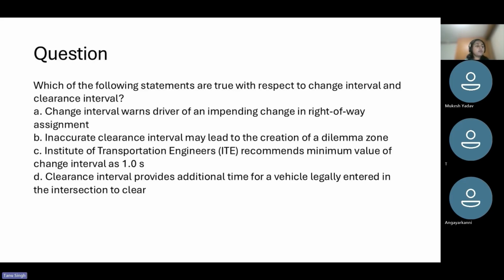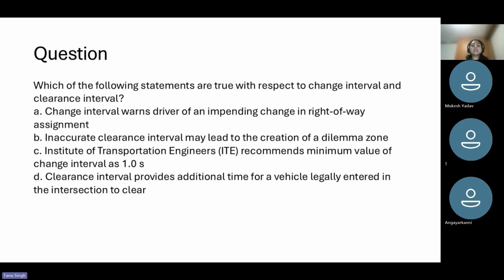That is false because ITE gives the formula to calculate the change interval. It does not give the minimum, whereas it also says that the minimum interval is typically taken as 3 seconds, not 1 second. This statement is also wrong.